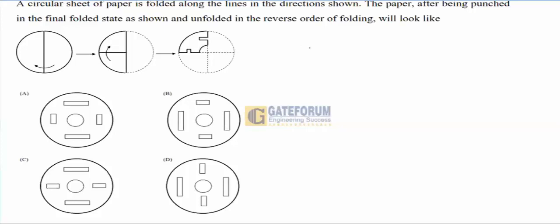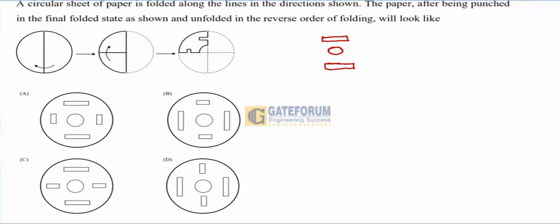Now from the third figure we can say if it is totally unfolded, there will be a circle at the center. Now this cut is a slightly deeper cut. So there will be a deeper sort of cut like this, because this will come on that side also, so symmetrical. And since this comes on this side also, that deep cut will also be present on this side too.